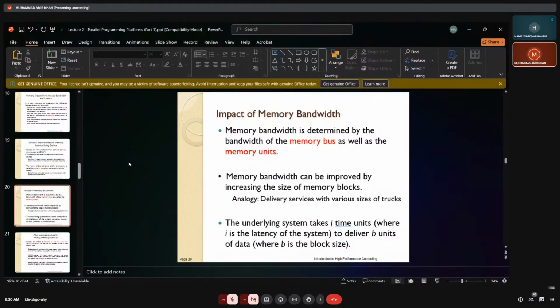So definitely one big truck is better. It will save time and money. Understand? Very simple example. So the underlying system takes l time units, where l is the latency of the system, to deliver B units of data, where B is the block size.